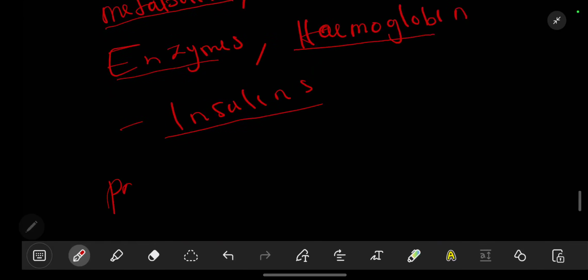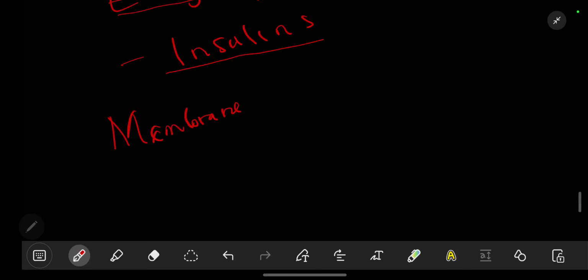We might have membrane proteins. These are proteins that are mostly embedded in cell membranes. Sometimes they might be peripheral, or rather on the surface of the cell membrane.